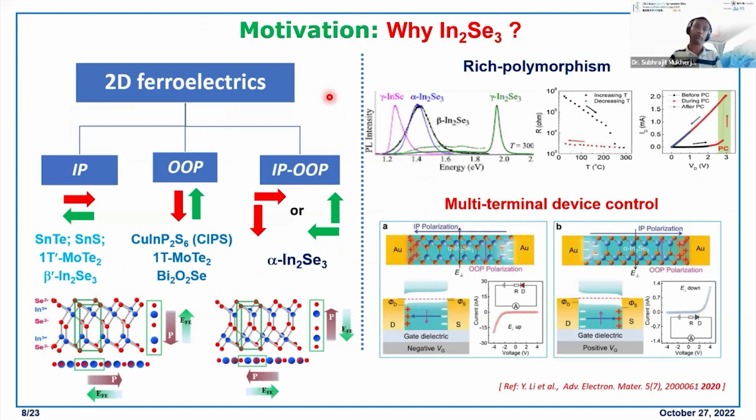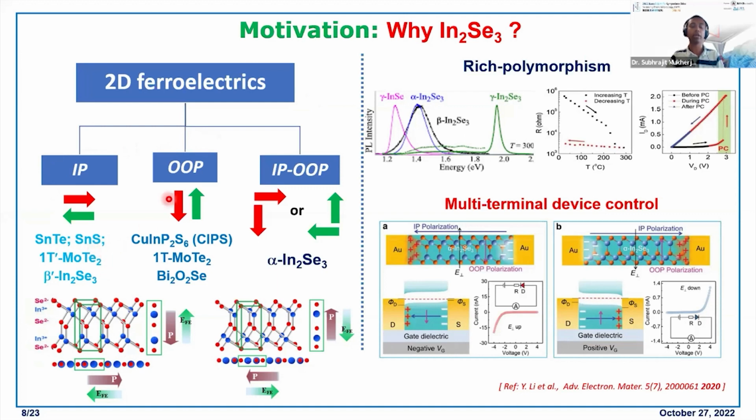In 2D ferroelectrics, first of all, depending on the crystal structure, the ferroelectricity could be in-plane or out-of-plane. If you have the ferroelectricity in plane directions, like the left-hand side or right-hand side, it is assigned as an in-plane ferroelectric material, for example tin telluride, tin sulfide, or beta phase indium selenide.